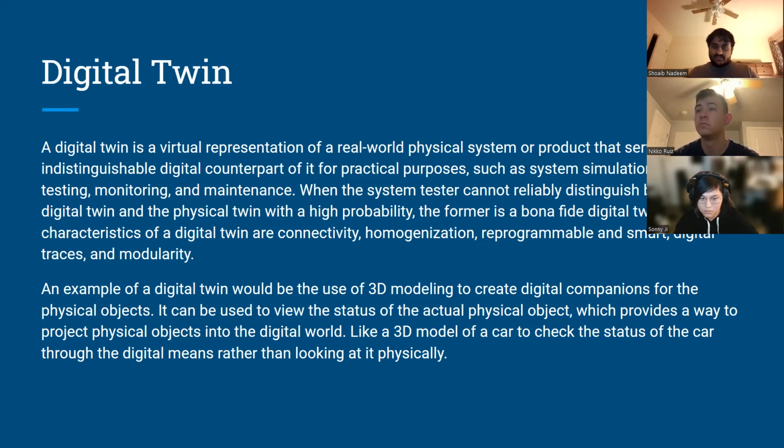An example of a digital twin would be the use of 3D modeling to create a digital companion for physical objects, which can view the status of an actual physical object, a way to project physical objects into the digital world, like a 3D model of a car to check the status of the car through digital means rather than looking at it physically.